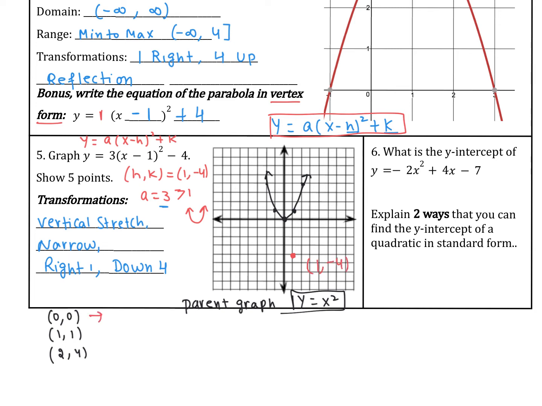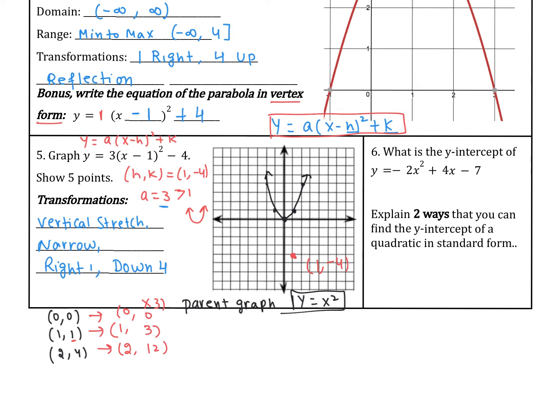Instead of 0, 0 and 1, 1, you're going to multiply the y coordinate by 3. So 1 times 3 is 3, and 4 times 3 is 12.